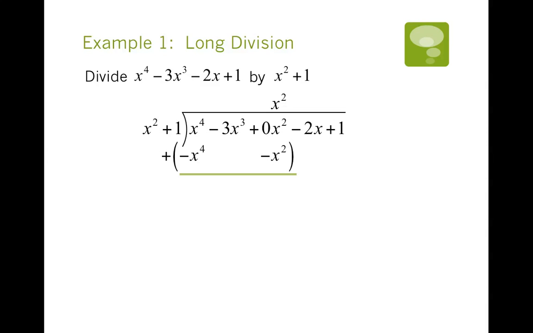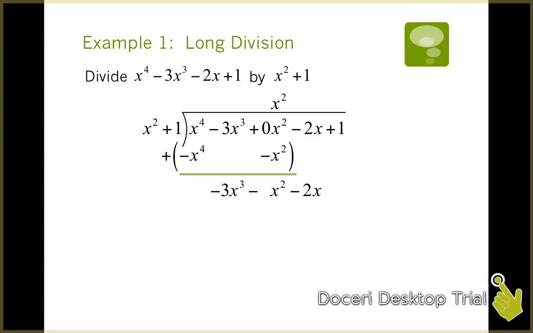So when I take the x to the fourth plus the negative x to the fourth, I'm going to get nothing, which is exactly what we want. That's why we have to get this to be exact, because we want these to cancel out. And then since there's no term here, that literally means negative 3x cubed plus 0.